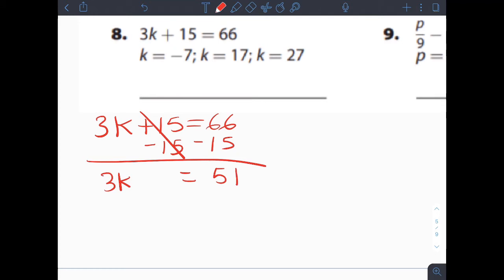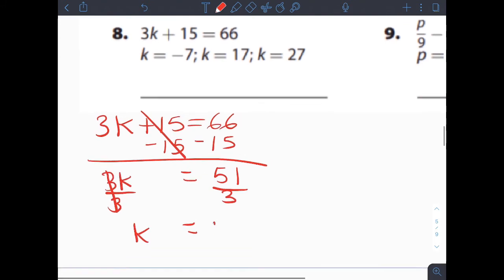So my next step will be to divide by 3 to cancel out my 3. So bring down k. And what you do on one side, you go ahead and do on the other. So now you have 51 divided by 3, which I know will be 17. And remember, if you don't remember, you can always do your division to get your answer.